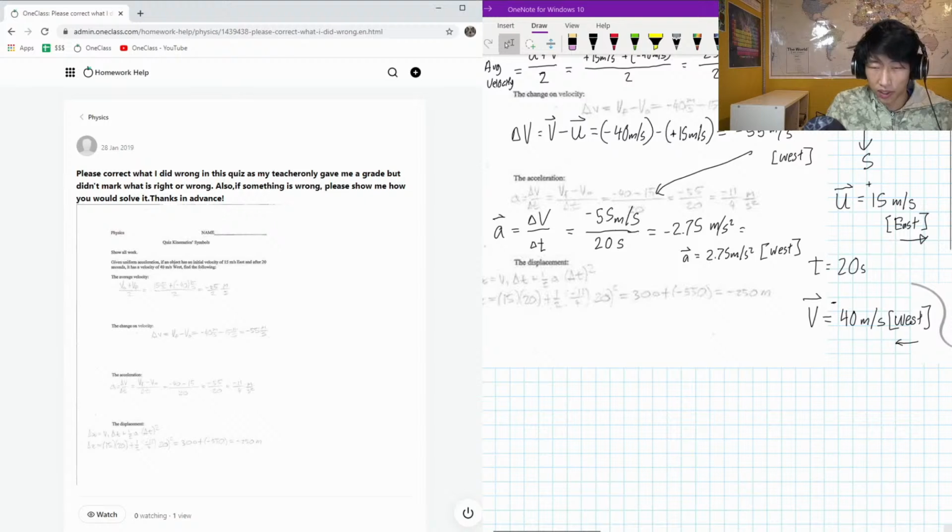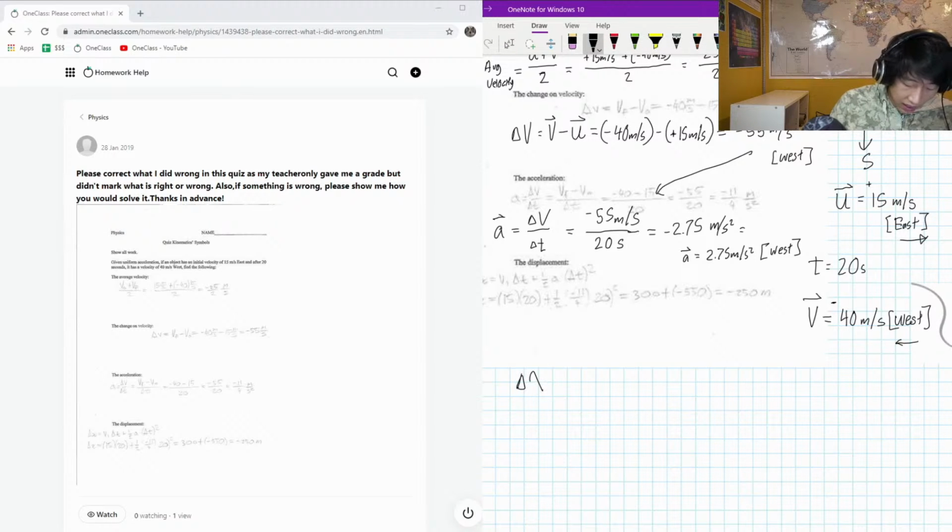Okay, so the kinematic equation that we want to keep in mind here is that our change in position, our delta x, which is displacement, we could also write this as d, is equal to our initial velocity times time, so our ut, and we will add plus 1/2 at squared to that.